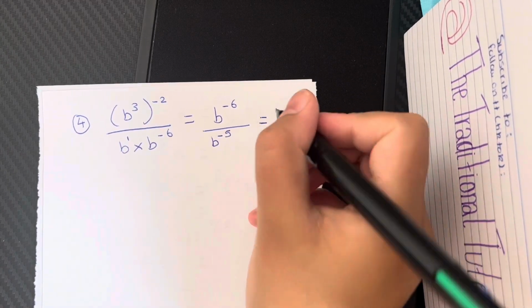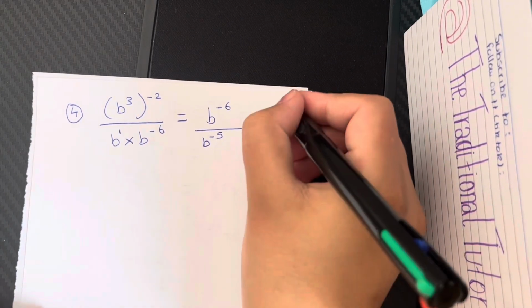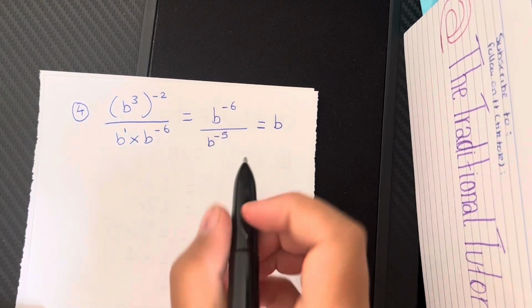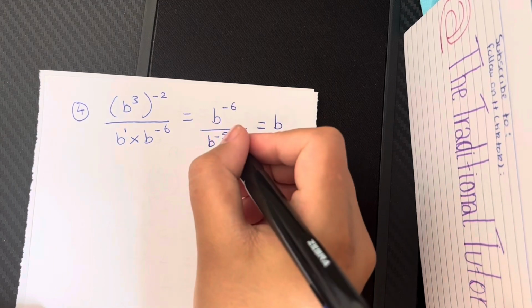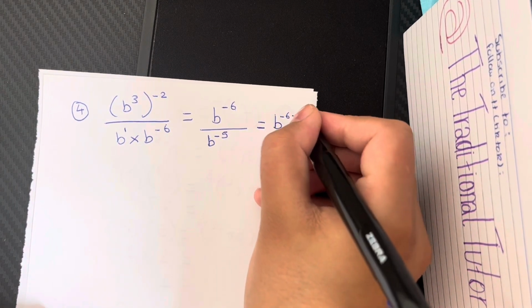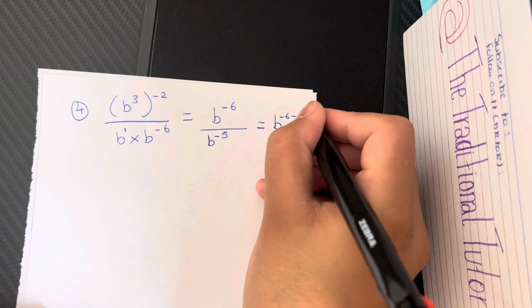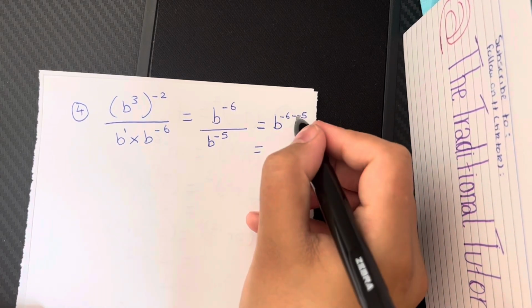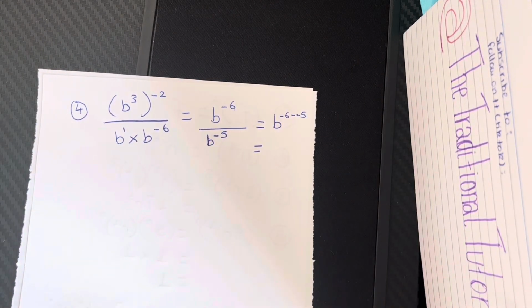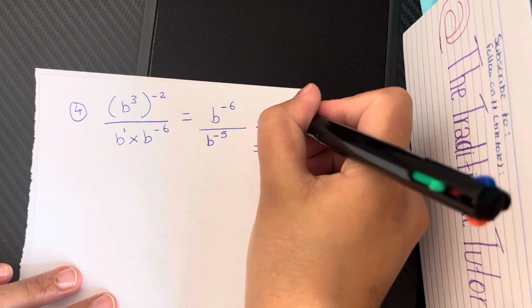Again, using my laws of indices, I'm going to subtract the powers. Now here we've got to be very careful in how we're doing it, okay? So it's the top one and we subtract it from the bottom. So it's negative 6 minus 5. So I'm writing it out so that we can see clearly what's going on. I've got two negatives right next to each other, okay, over here.